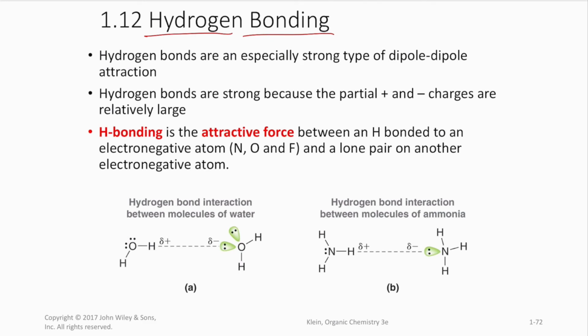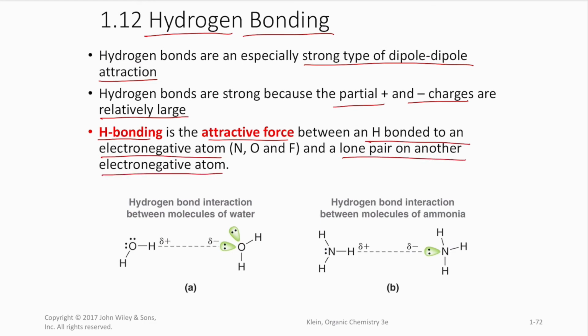Hydrogen bonds are an especially strong type of dipole-dipole attraction, and these are strong because the partial positive and the negative charges are relatively large. Why is that the case? The hydrogen bonding is basically the attractive force between the hydrogen bonded to an electronegative atom and a lone pair of electrons on the electronegative atom. For example, a water molecule has a partial positive side and a partial negative side.